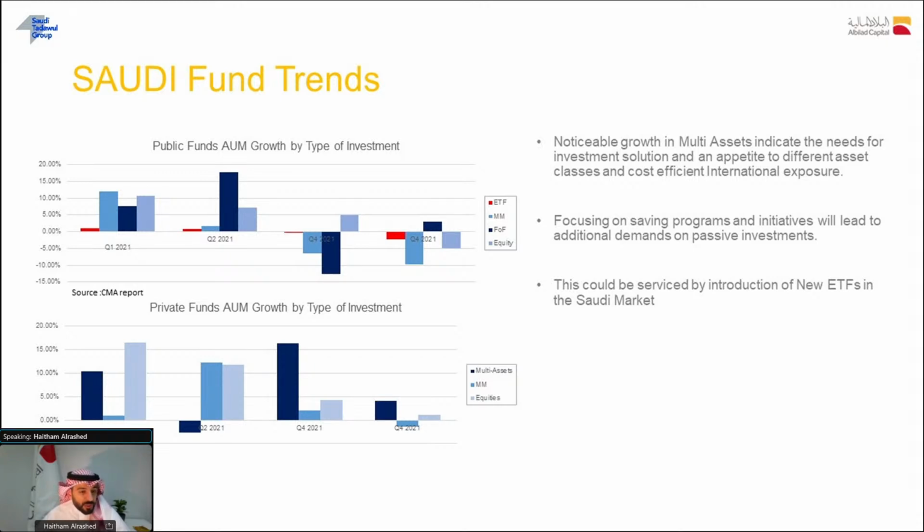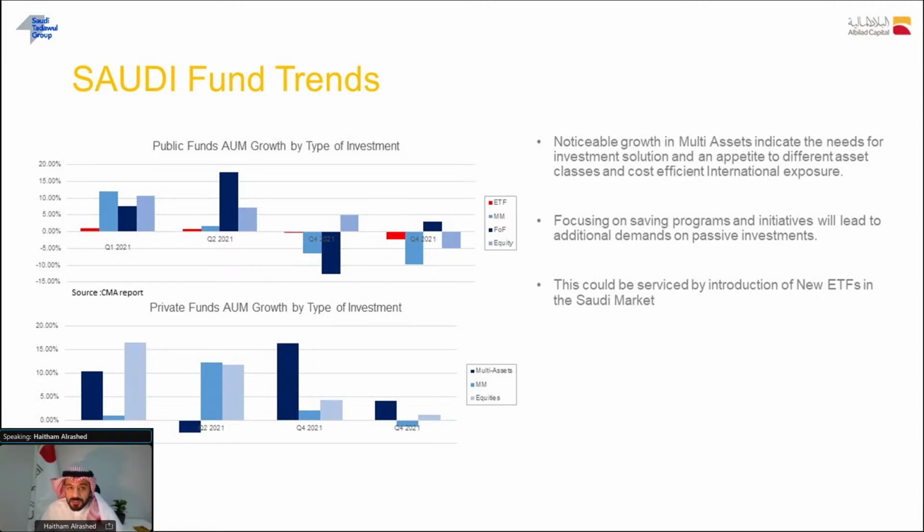On the left side, we can see that on a quarter basis in 2021, we've seen overall a growth in money market ETFs and fund of funds, which is the same as multi-assets. Fund of funds are funds that invest into different asset classes and different funds.